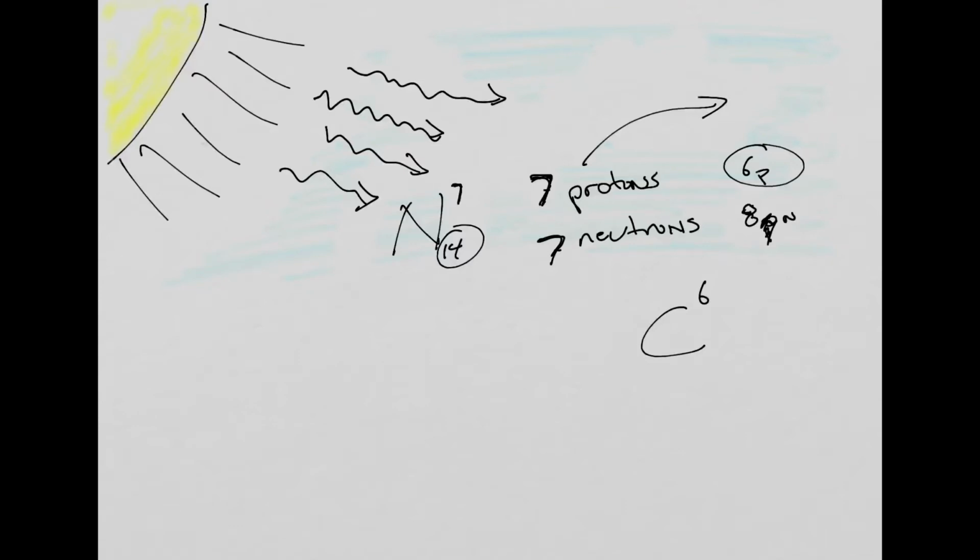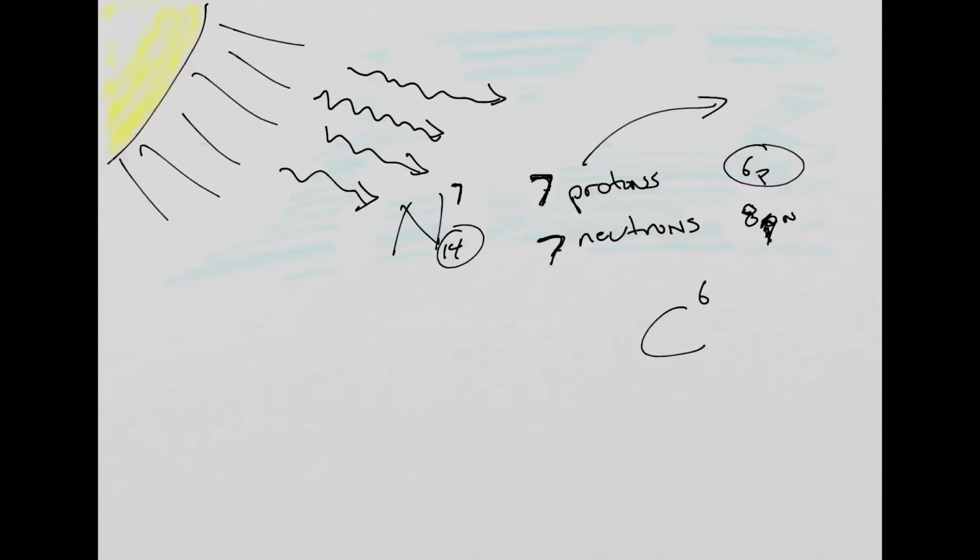So what's really happening is that 1 in every trillion nitrogen atoms is being turned into an atom that behaves like carbon. It still has an atomic weight of 14, but it has 6 protons, which makes it act like carbon.